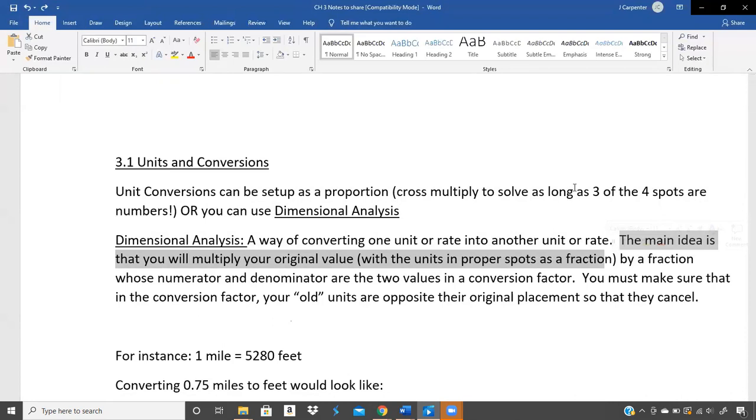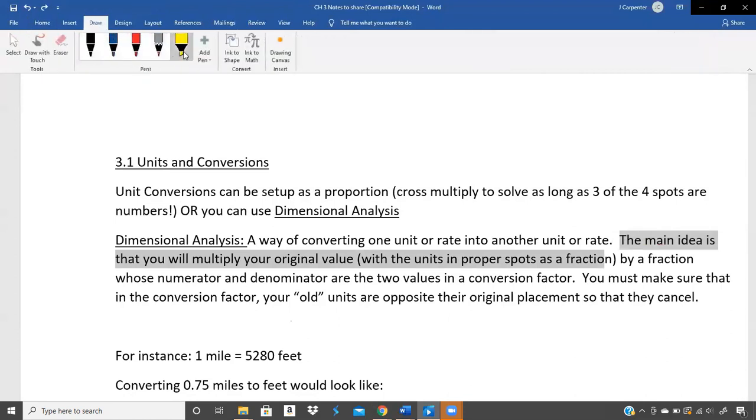So I am going to highlight that because it's important: the units in the proper spots as a fraction. So write the original number with its units, 3 miles, or whatever it might be. So you're going to multiply by a fraction whose numerator and denominator are the two values in a conversion factor.